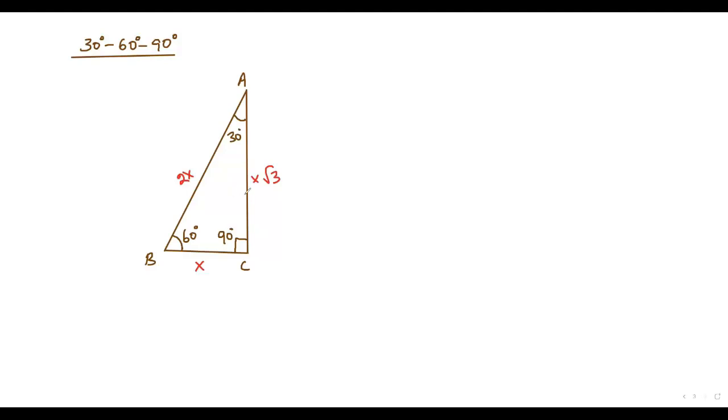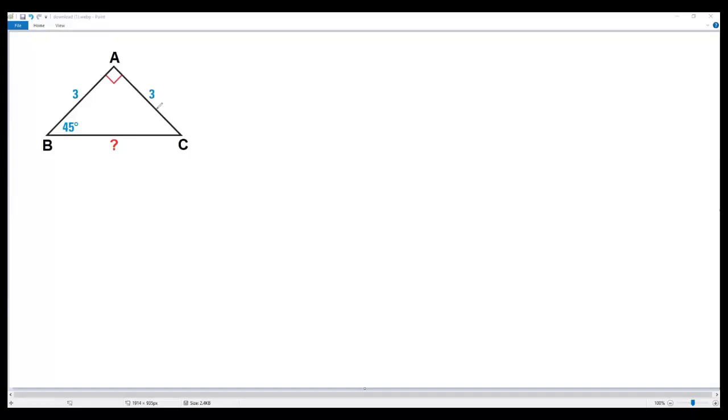Based on what we have covered so far, let's do some problems. Here we have a right triangle ABC. In this right triangle, we have to find the length of the side BC, which is the hypotenuse, because it is opposite to the right angle. Also, the length of AB is 3 units and the length of AC is 3 units.